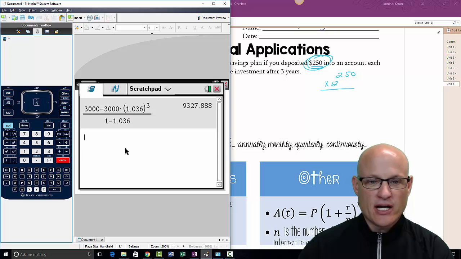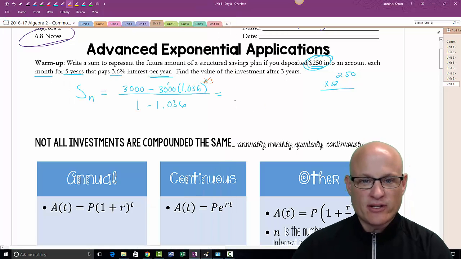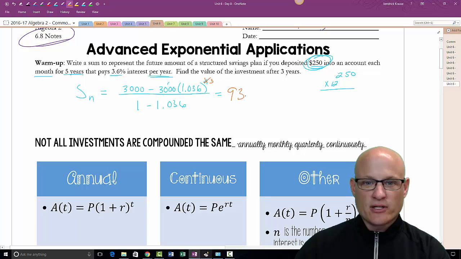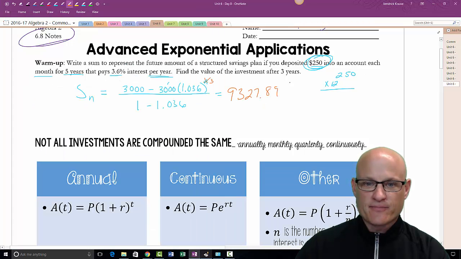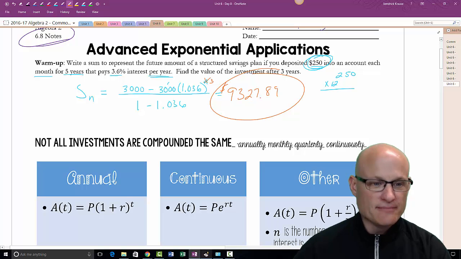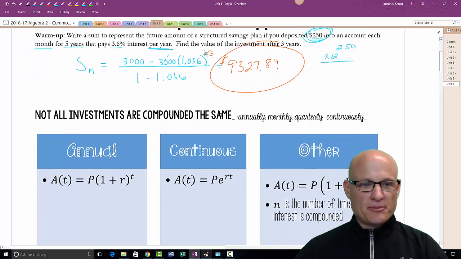Boom. Enter. $9,327.89. That's what we're going to have. All right, that's your warm-up.